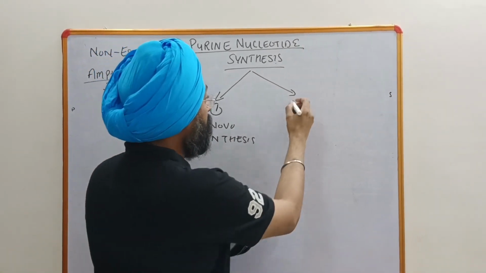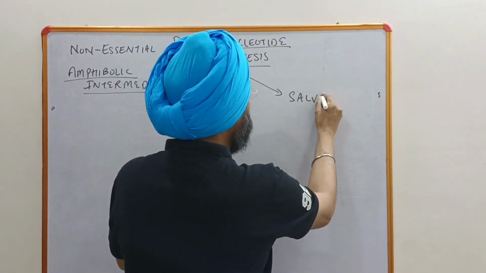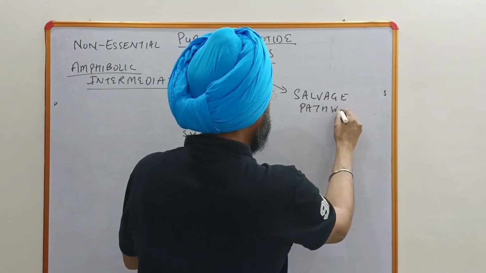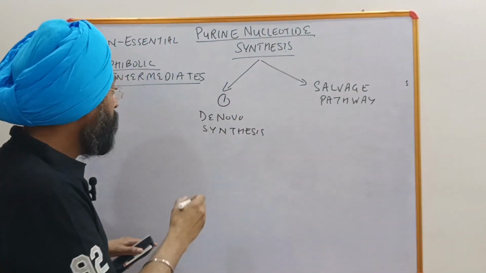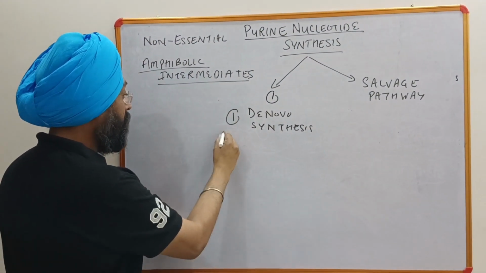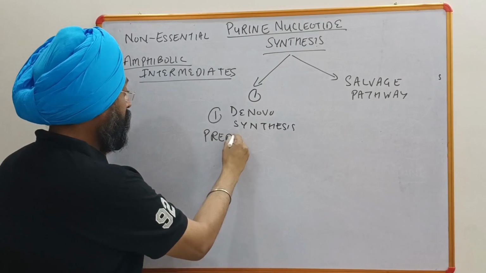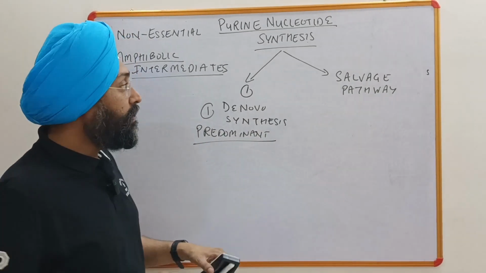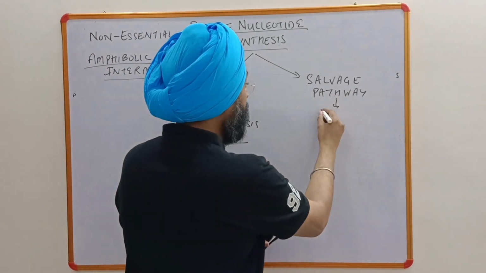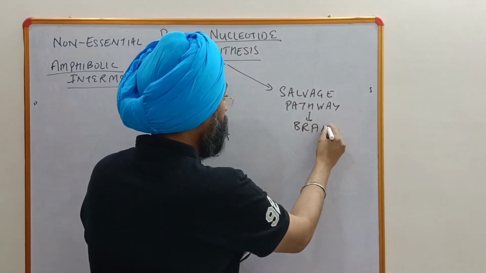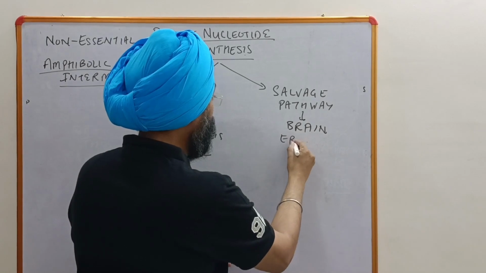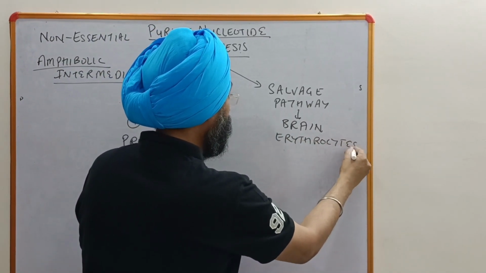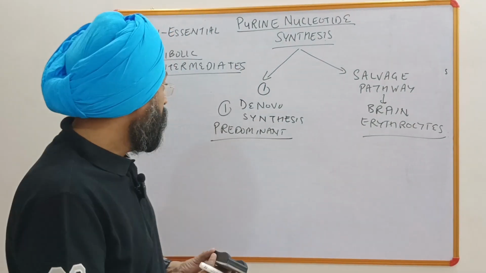And the second is the salvage pathway, right? This pathway is the predominant pathway. This pathway operates particularly in brain and erythrocytes, right?